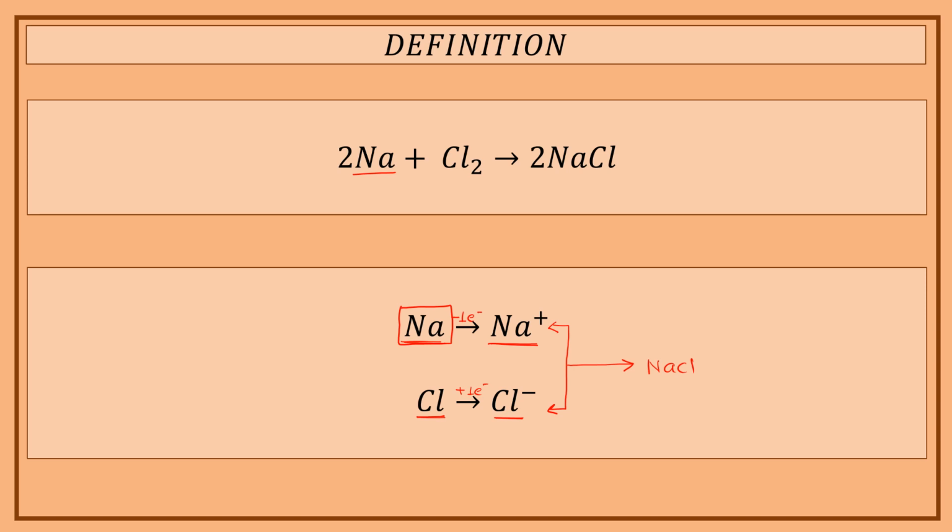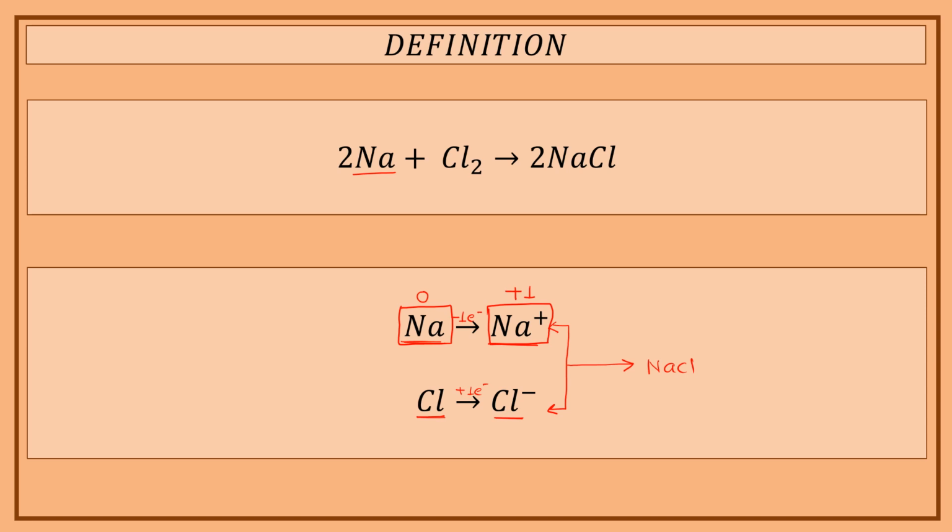Therefore, the overall charge on this atom is 0. But after the reaction, since it has lost one electron, there will be one proton more than the number of electrons, and therefore a net positive charge will develop over the sodium atom, which will have a unit of 1. So a +1 charge gets developed over the sodium atom.